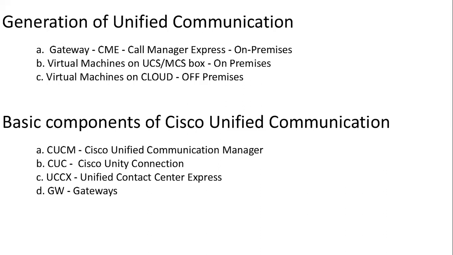So CUCM can be called the core component of unified communication. On CUCM, we add devices, we create the dial plan, we create the translation patterns, and CUCM is also responsible for different kinds of media resources.